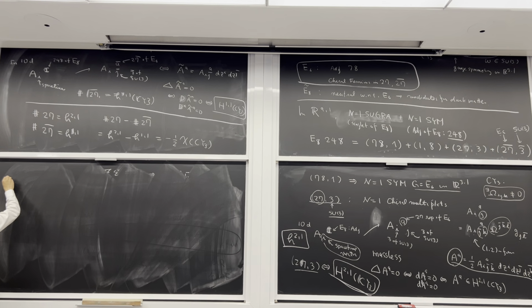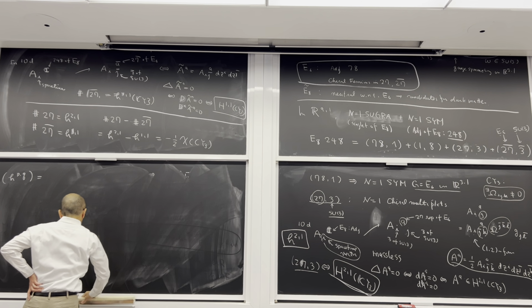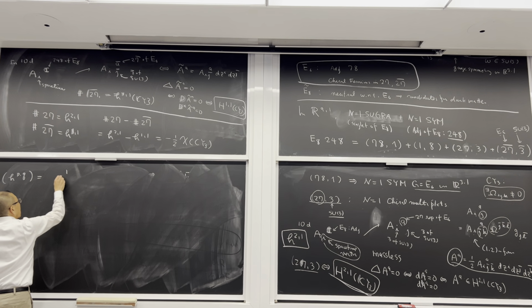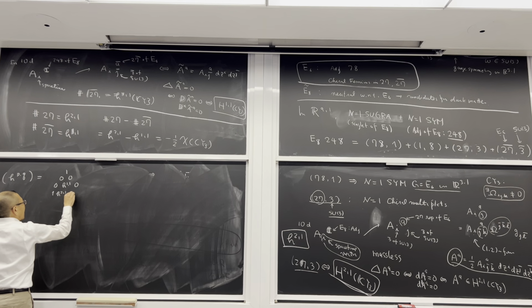As I mentioned, the Hodge diamond HPQ of the Calabi-Yau is given by 0, 0, 0, H11, 0, and 1, H21, H12, 1, H22, 0, 0, 0, 0, 1.